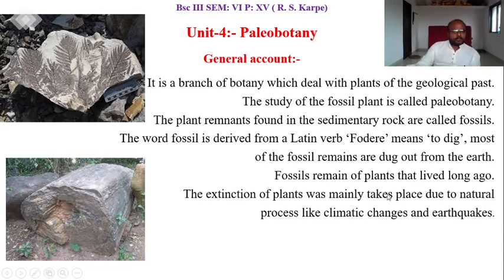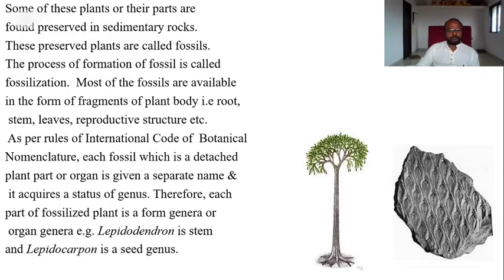The fossil remains of plants that lived long ago. The extinction of plants mainly took place due to natural processes like climatic changes and earthquakes. That means due to climatic change, earthquakes, floods, as well as other disasters, the plants were buried and then formed fossils after many years.